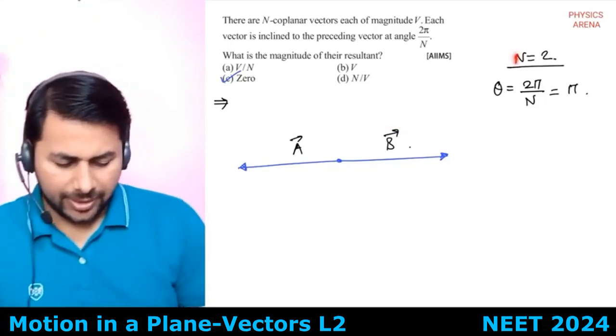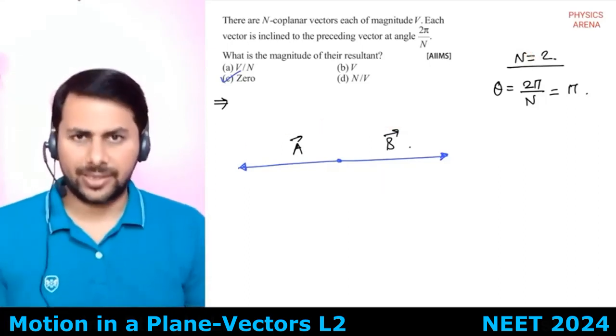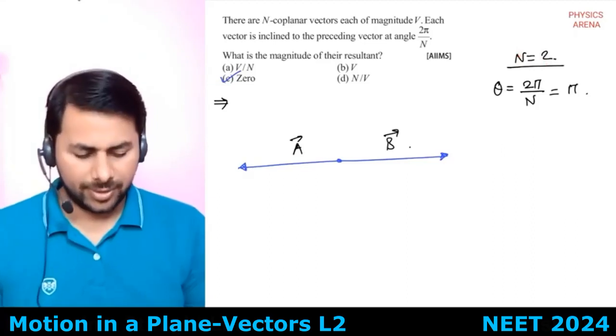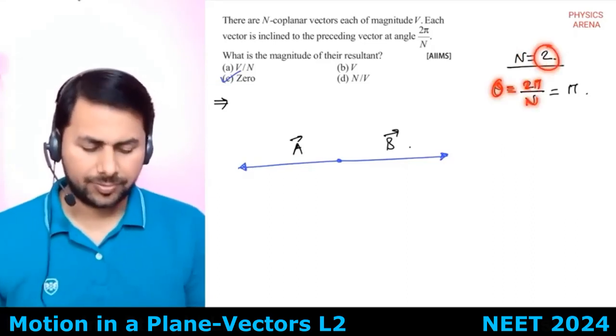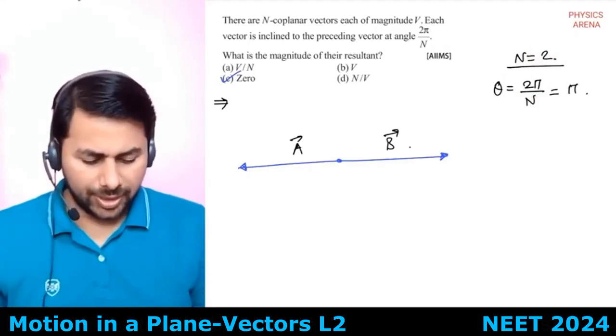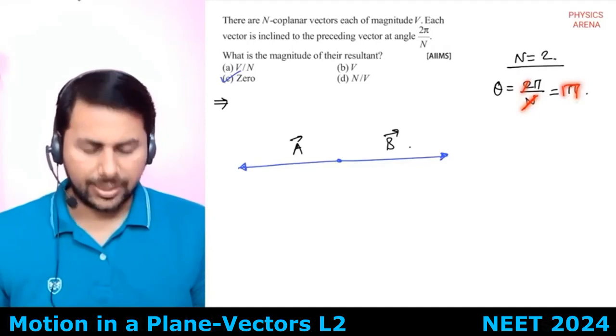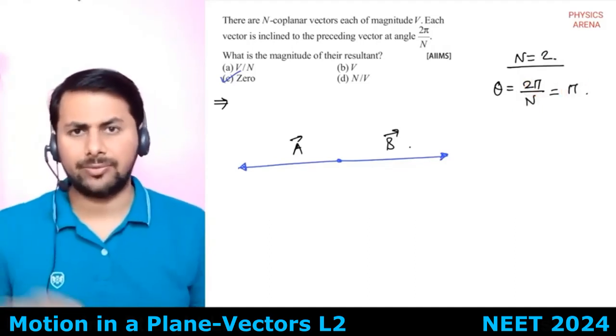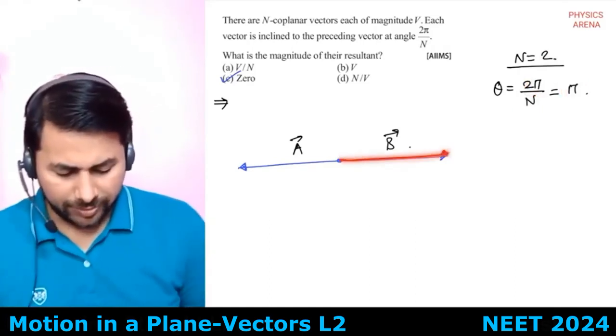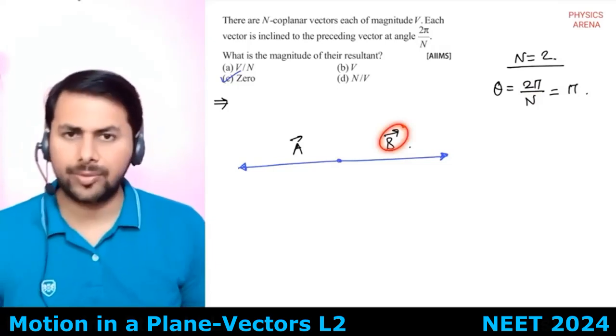See, if n is equal to 2, we can start from the simplest case. N is equal to 2, theta will be how much? It's 2 pi divided by n. N is 2, so the 2 and 2 will get cancelled. So the angle between them is pi. Pi means 180 degrees. So you draw the first vector, I'm calling it b bar.